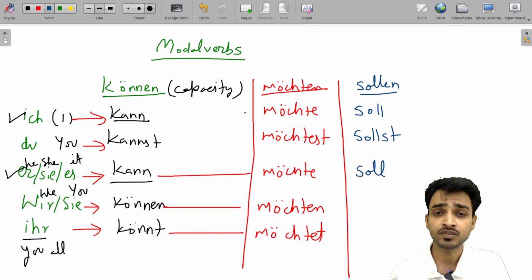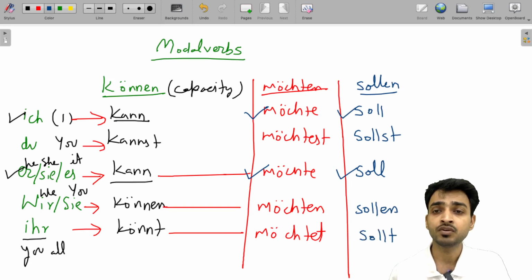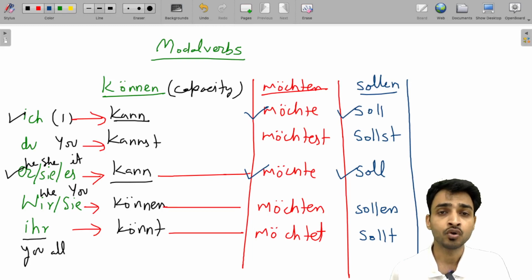As I said, first person and third person are the same with sollen as well as möchten. The conjugation is absolutely the same, only with modal verbs. Wir sollen means we should, and ihr sollt. So this is our conjugation of sollen. Alright, so können, möchten, and sollen.